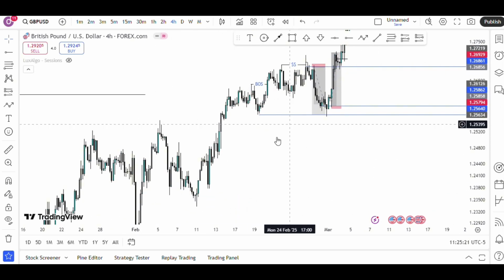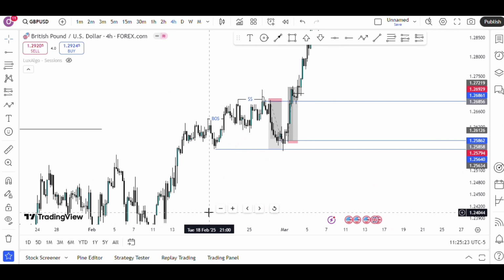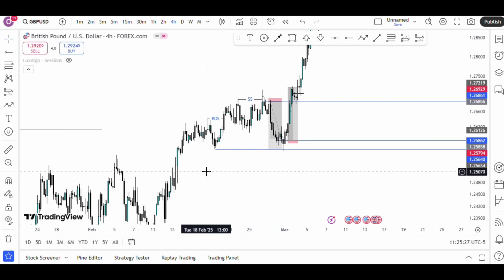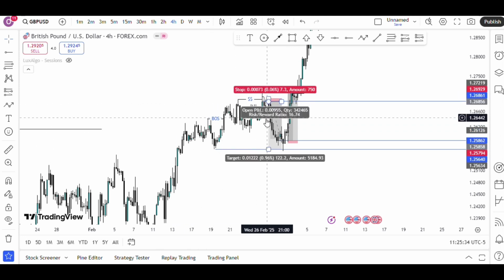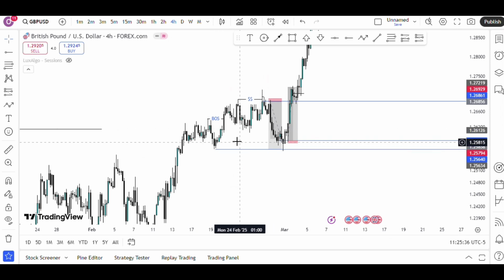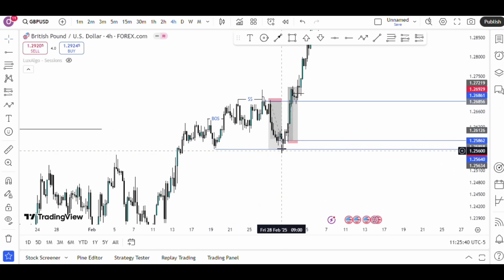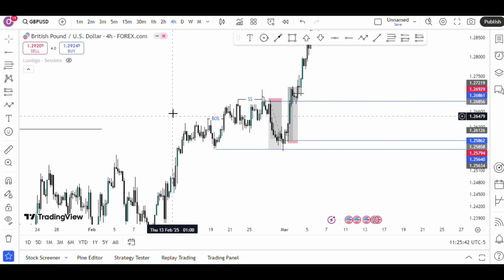So you can see right here we have been bullish. All we should be looking out for is to buy the market, right? But for a certain moment, we have a break of structure here, liquidity sweep, and we have an inducement right here. So market needs to come down to this zone before we take a buy to the upside.